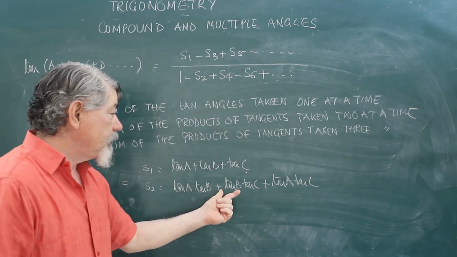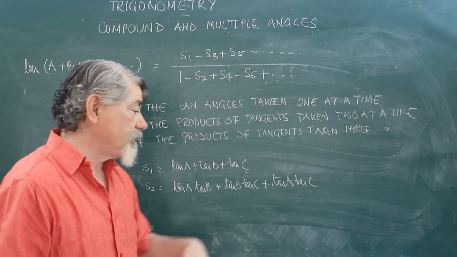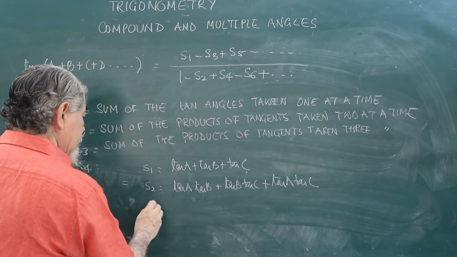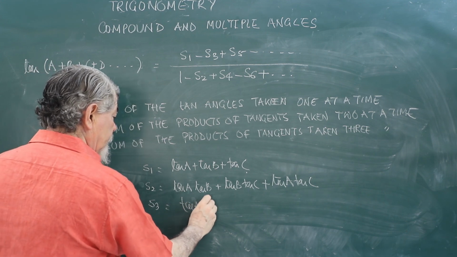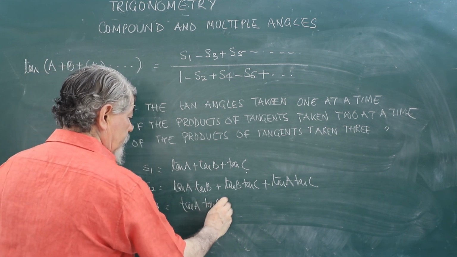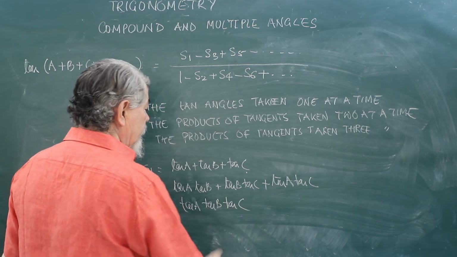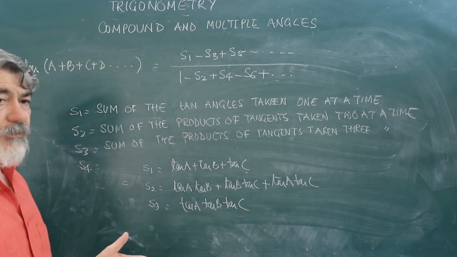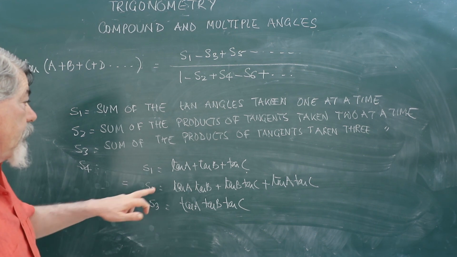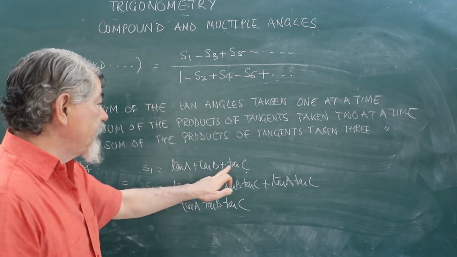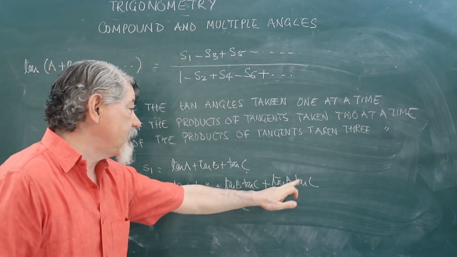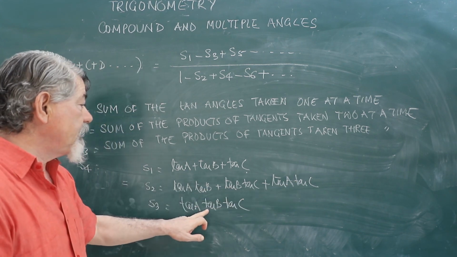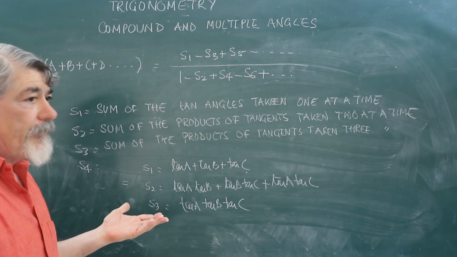S3 means tan A tan B tan C. I have taken only 3 for the time being to explain it to you. It will end wherever it is.